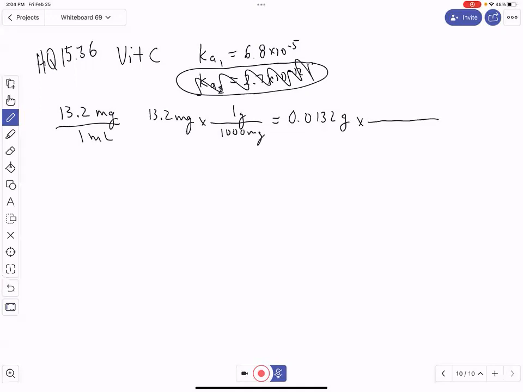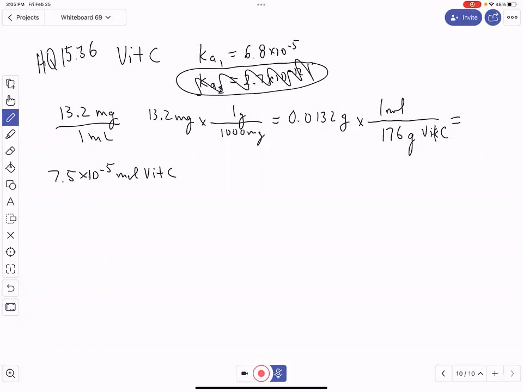I need to find moles, right? I know for 1 mole of vitamin C, the molar mass is 176 grams per 1 mole of vitamin C. So I divide that by 176. So 0.0132 divided by 176, and I get 7.5 times 10 to the minus 5 moles of vitamin C. We need concentration.